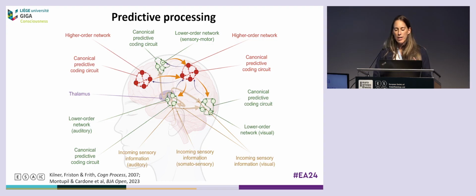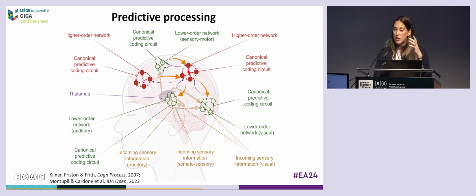And then on the other side, you have incoming stimuli, vision, somatosensory or auditory stimulation, and those will activate the lower-order networks. From there, there is a comparison between the higher-order network and the lower-order network.